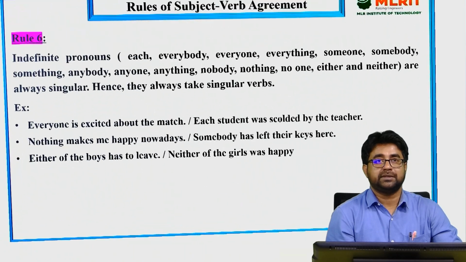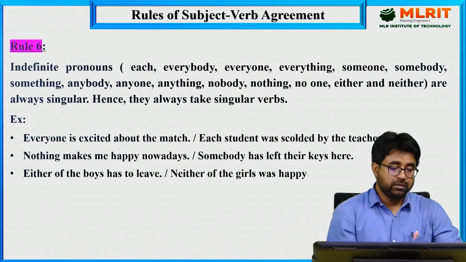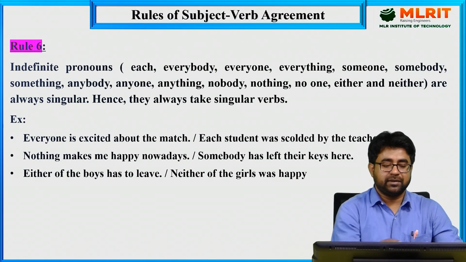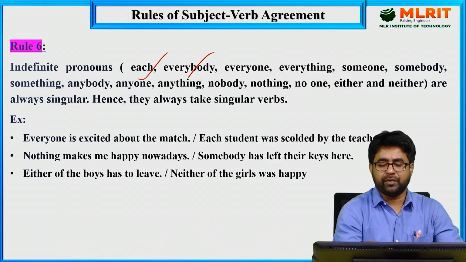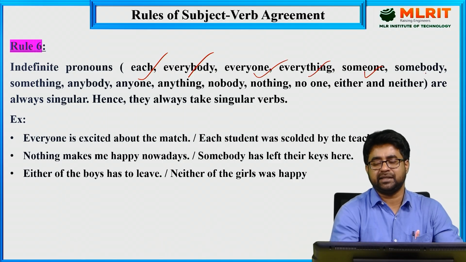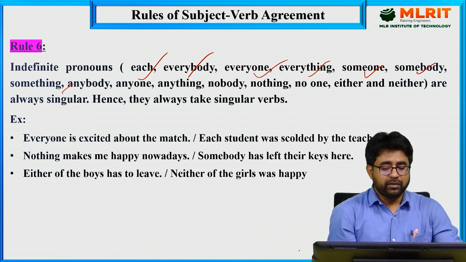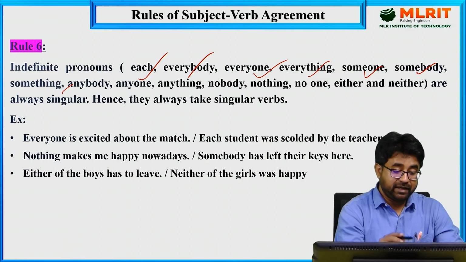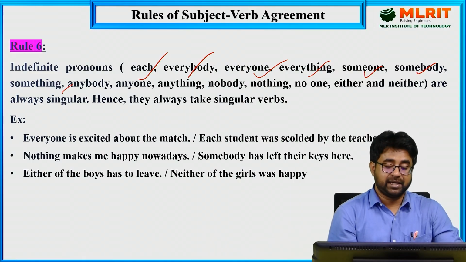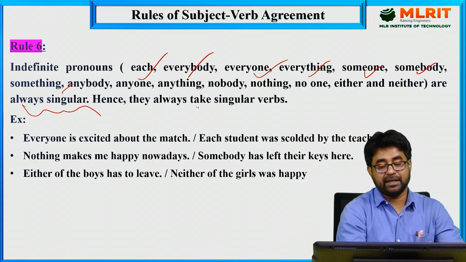Now let's move to the next one. Next rule: indefinite pronouns. There are many indefinite pronouns, as you know: each, everybody, everything, someone, somebody, something. These indefinite pronouns are always singular in nature, hence they always take singular verbs.